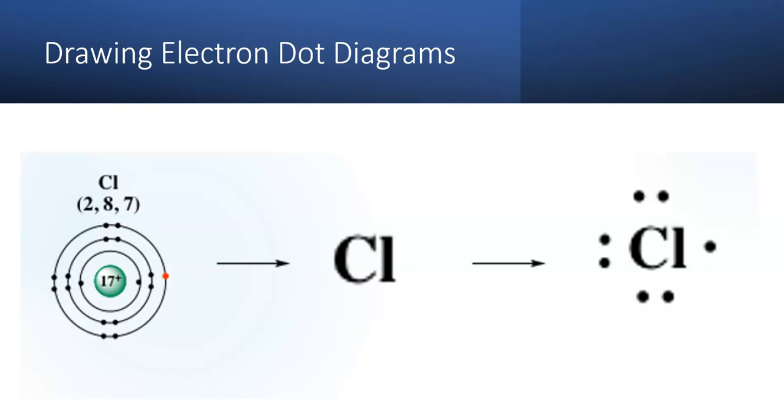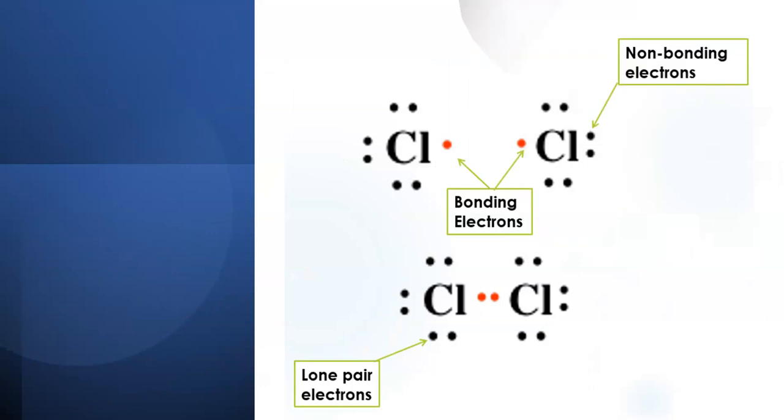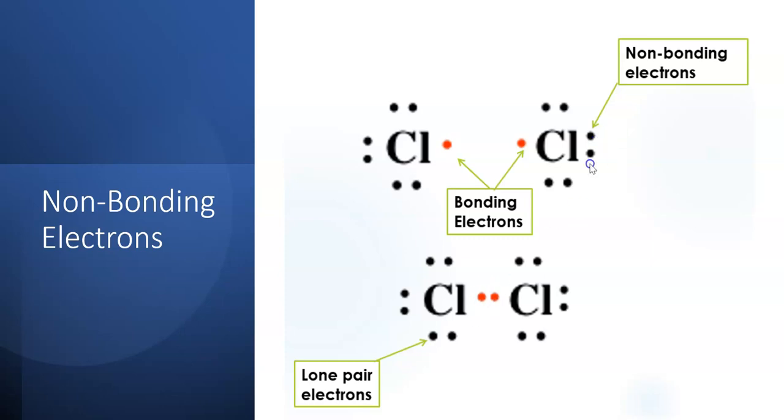This means that it's much easier to draw diagrams with covalent bonding involved, because we're only drawing that valence shell. So here we've got chlorine bonding with chlorine again. This diagram is showing us the bonding electrons, that bonding pair there, and any non-bonding electrons around it you'll see are in their lone pairs, so they're not involved in the bond at all.